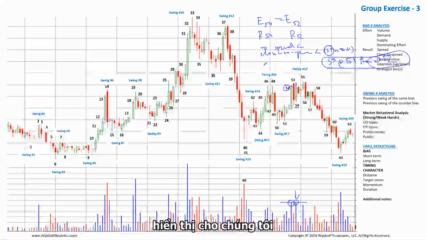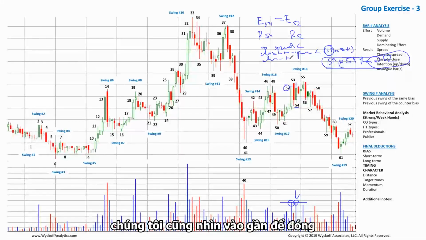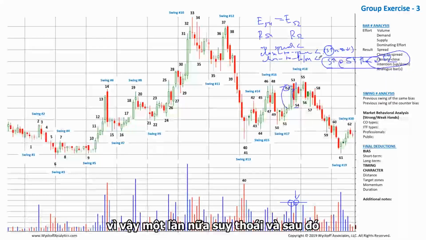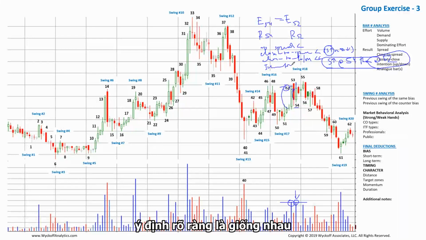We also look at the close to close. And we are seeing that definitely in the case of 52, there is more progression from close to close. So again, deterioration.